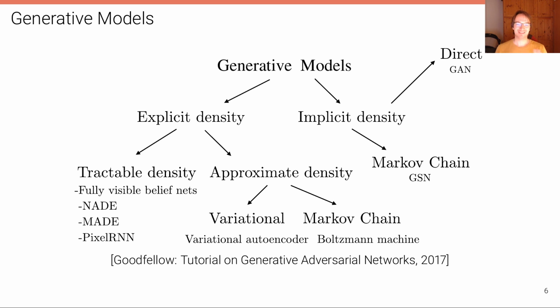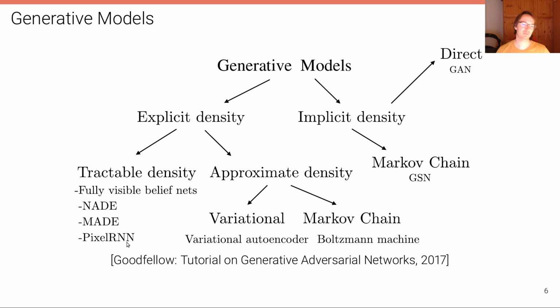So here's a little taxonomy of generative models that I've taken from the tutorial on generative adversarial networks from Goodfellow 2017. Generative models can be separated into such models that explicitly model the density, and amongst those that explicitly represent or model the density, we have models where the density is tractable, like in a pixel RNN.